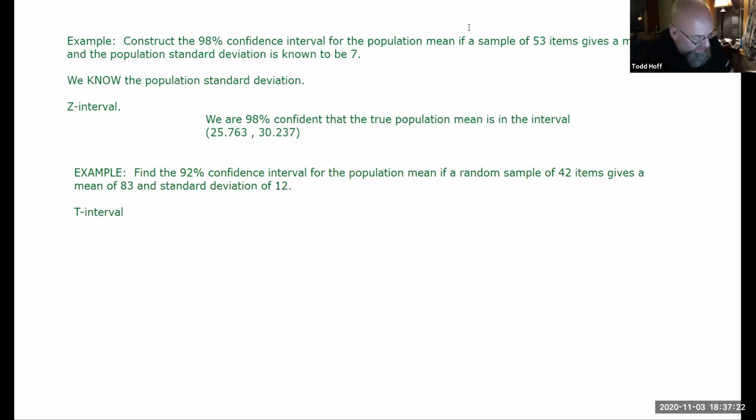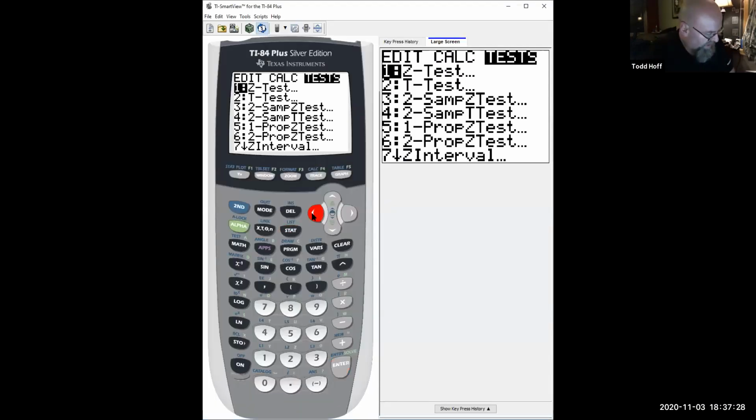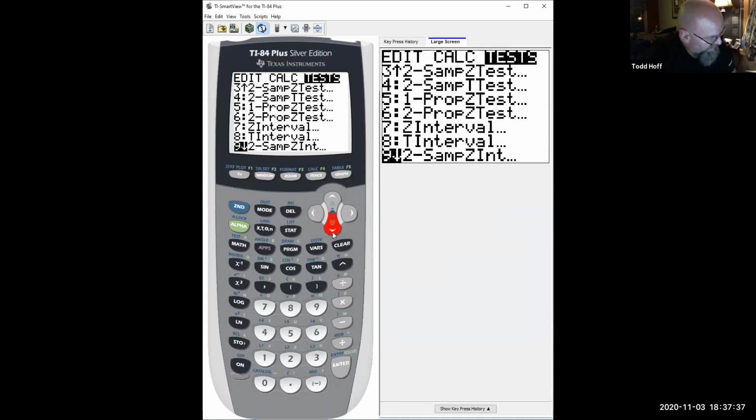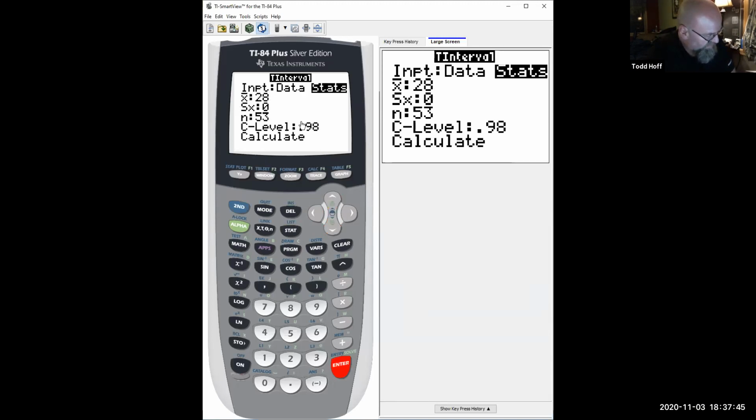So let's go to the calculator. So stat, tests. You got to arrow down here a ways. So it's actually option 8 there, the t-interval. It's still going to be statistics. We're using summary statistics.